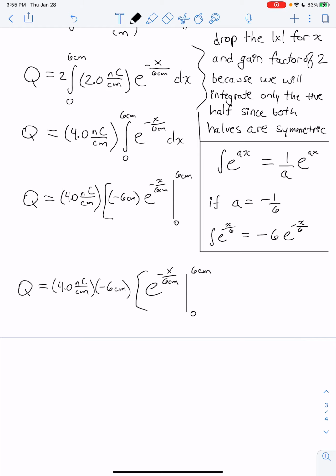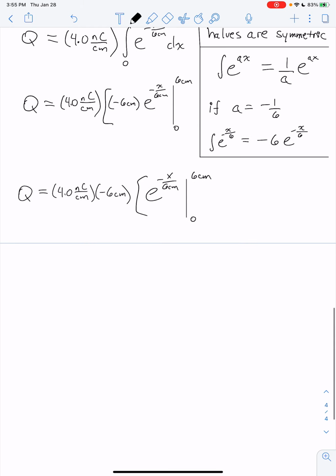At that point, we're going to say that the charge is equal to 4 times negative 6, so we end up with negative 24 nanocoulombs.